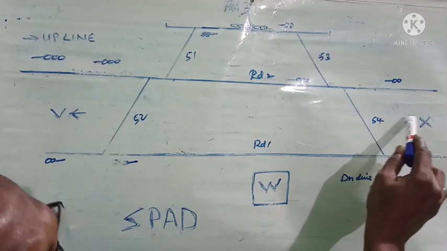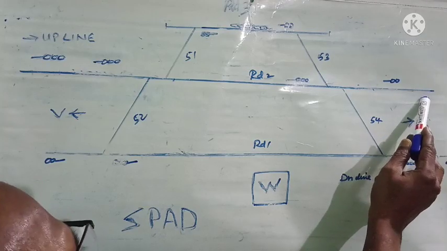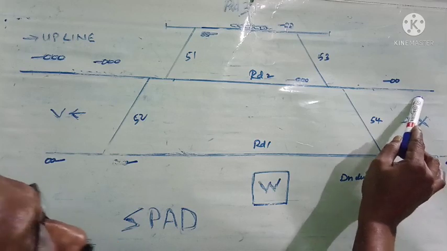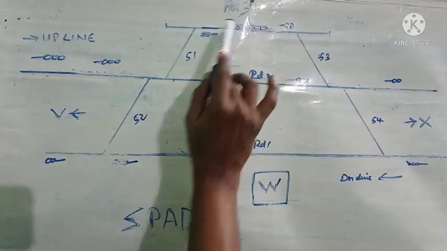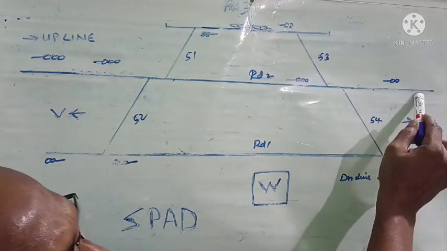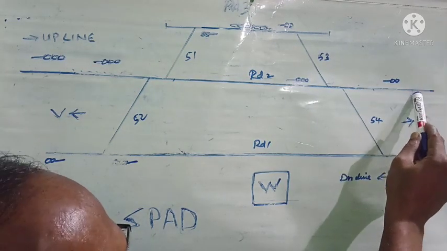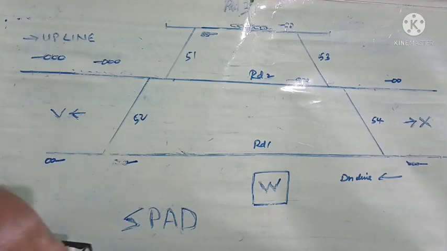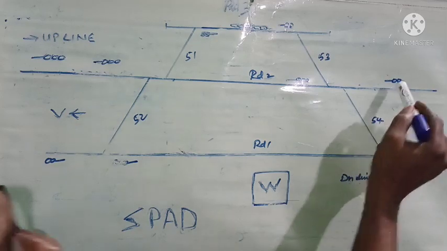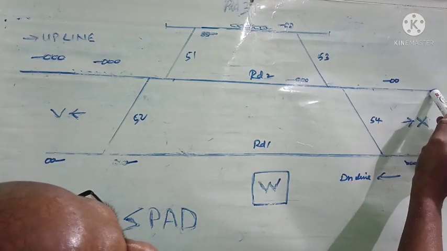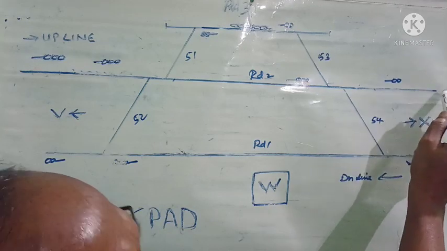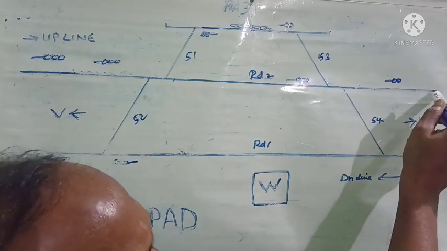Here also, a restarting memo will be issued to the loco pilot, but that restarting memo is to back the train on road 3. It will not be allowed to go further. Train will be issued with a memo, restarting memo, with a clear endorsement that the train is to be backed to road 3. Because here the importance is, this is the block section. So block section with the authority only the loco pilot must enter.